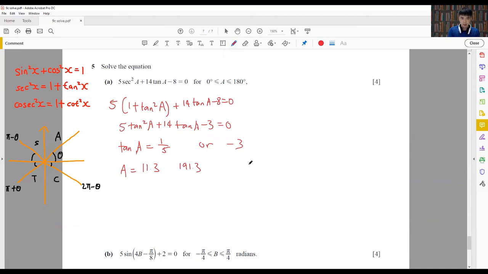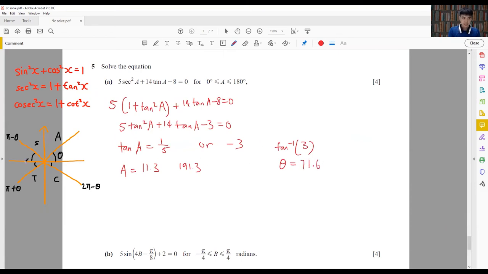For this second part here, inverse tan of 3 first to find theta. Theta is actually inverse tan of 3, 71.6.